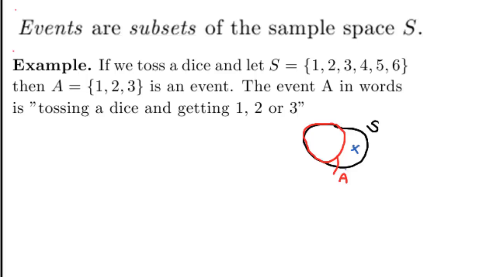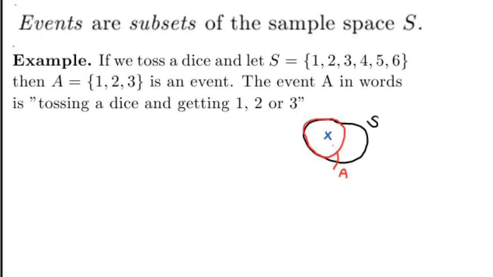If, on the other hand, the experiment singles out an outcome which is in A, say I toss a 2, then we say that the event did happen. And those are the only two choices. Either the event happens or it does not.